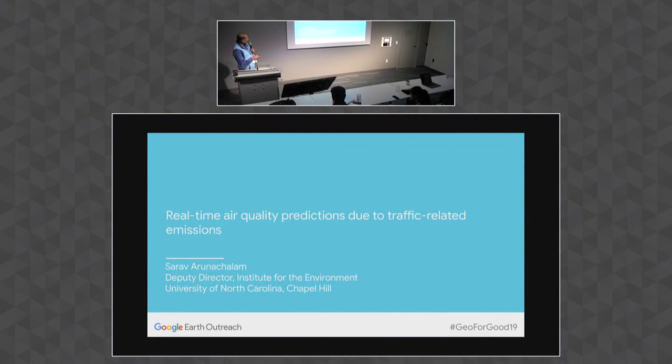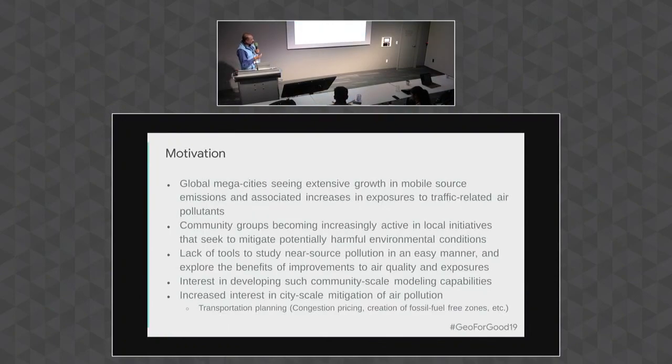Motivation: there's extensive growth of traffic emissions, both within the US and outside the US. Associated with the increase in traffic emissions is the increase in exposures to these emissions. Community groups across the world are very interested in being active in local scale initiatives that seek to mitigate these harmful conditions. In general, there is a lack of tools for planners at the local scale to look at possible options for mitigation.